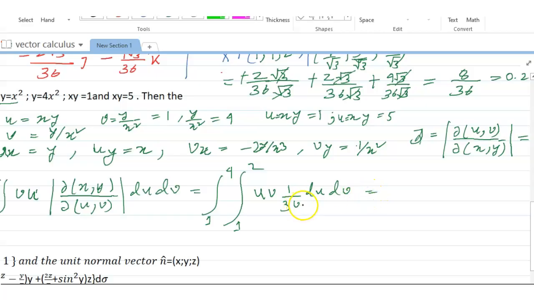Then v cancels, so we get integral 1 to 4 and 1 to 5 of u by 3 into du into dv.